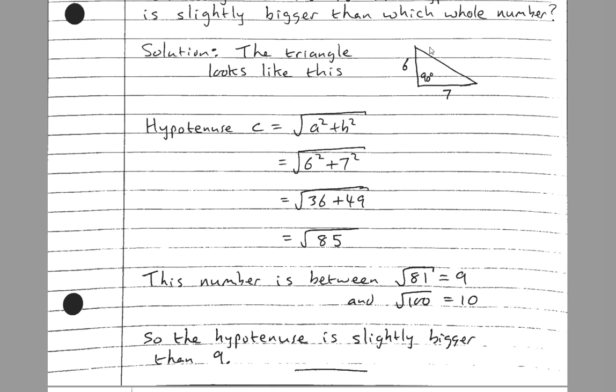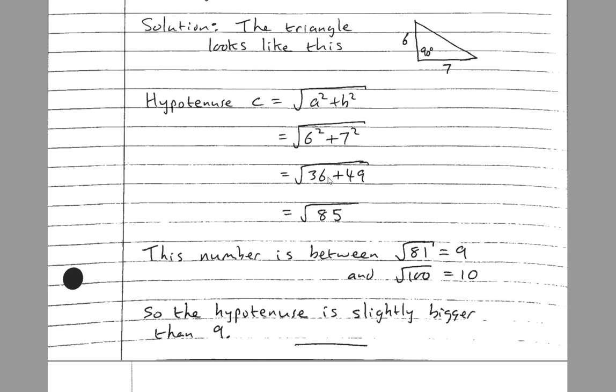So this length is just a bit bigger than 9. If you're trying to estimate square roots, look for two perfect squares that it's between.